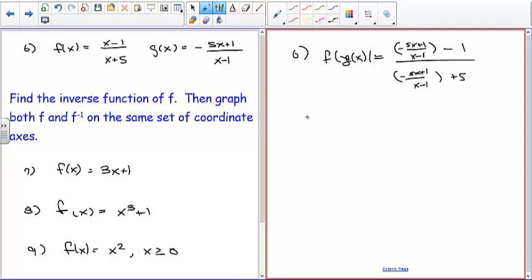Don't worry, I'm not going to put this one on the test, but I'm just going to show you how it works. So what you do is you find a common denominator in both the numerator and the denominator.